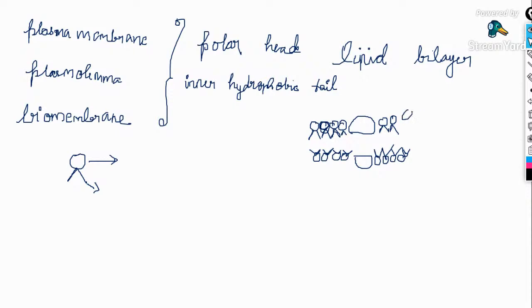Then it consists of another set of proteins, and again this lipid bilayer, polar head and hydrophobic tail.